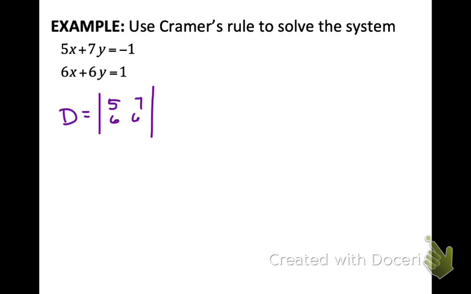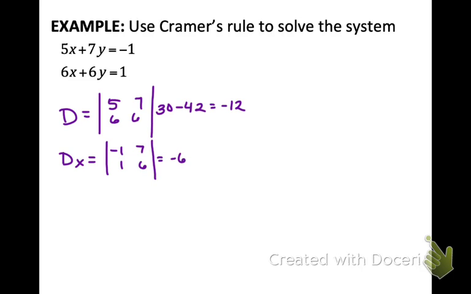All right, so here we go. 5 times 6 is 30, minus 6 times 7, which is 42. So my determinant is negative 12. Now let's do the x determinant. So in the x column, I'm going to put negative 1 and 1. The y column stays 7, 6.